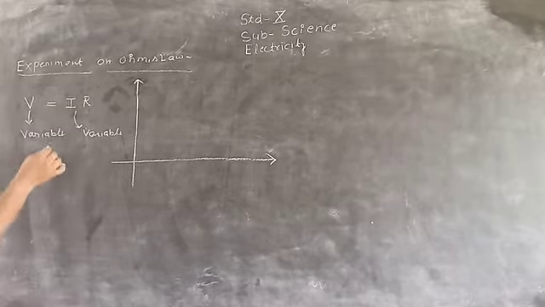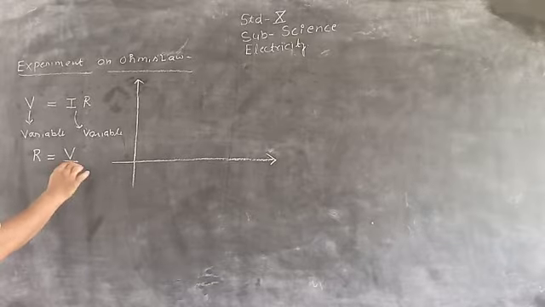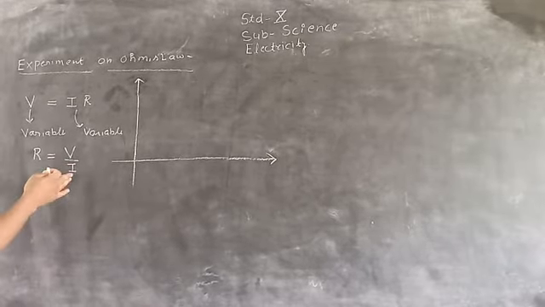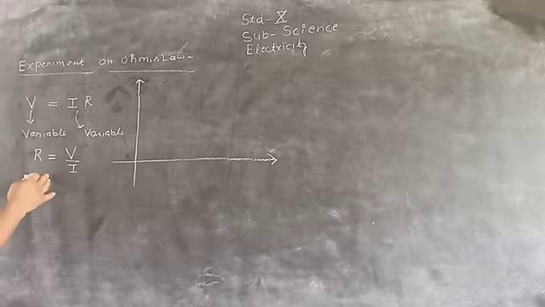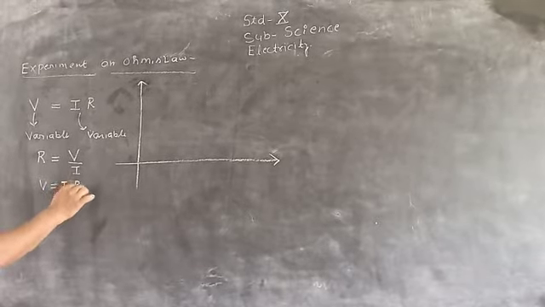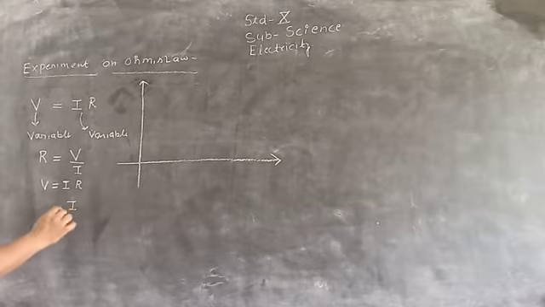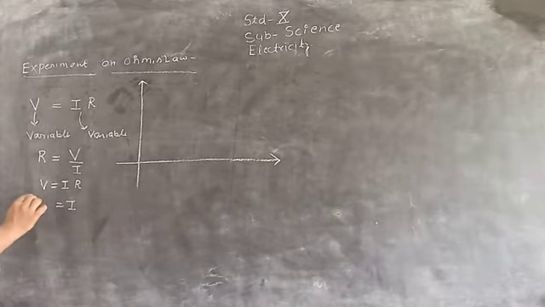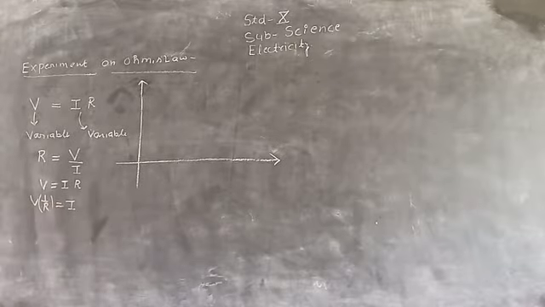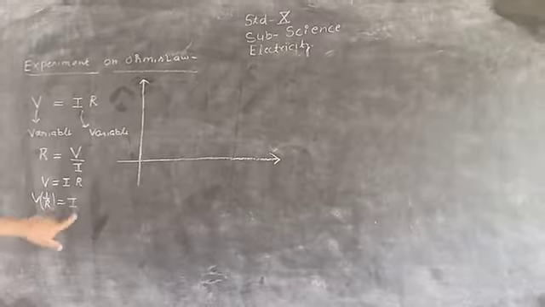Here we see that R is equal to V upon I. Now if V is equal to IR is the relation, then if we take the value of I, I is equal to V into 1 by R. Voltage into 1 by R is equal to current.